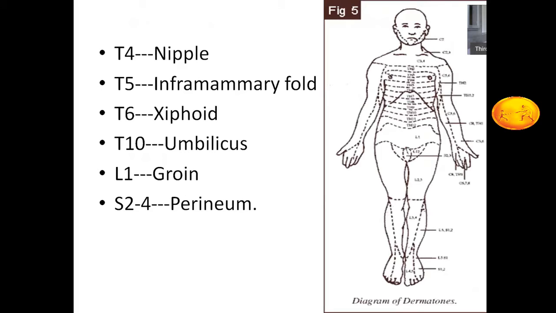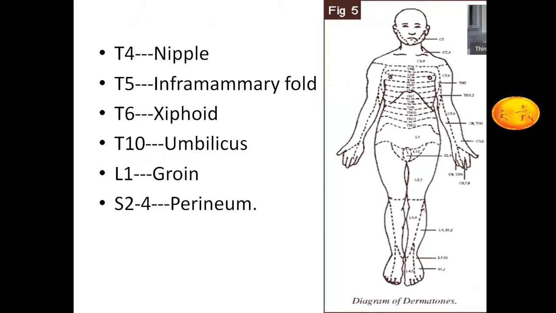Then how do we identify that specific level of the spinal anesthesia? For that, we determine the dermatomal levels. As we all know, in the sensory supply of these dermatomes, T4 is the dermatome that supplies the area of the nipple. T5 is the inframammary fold.